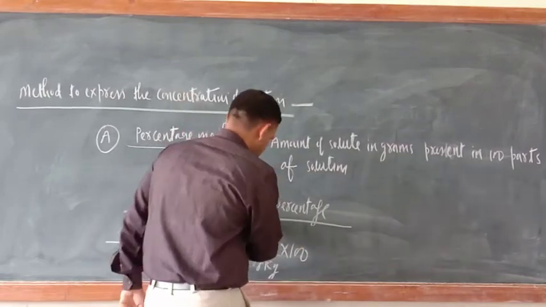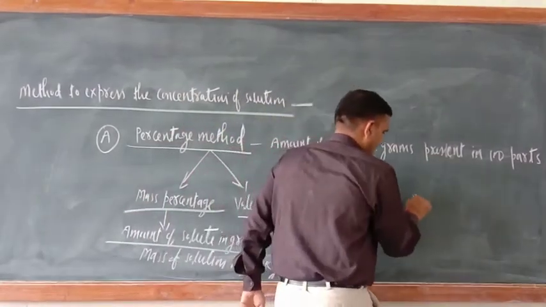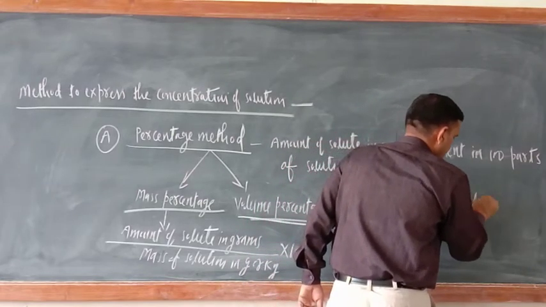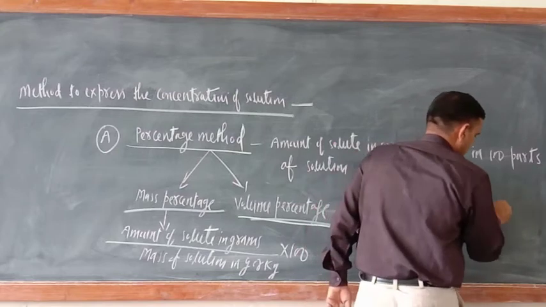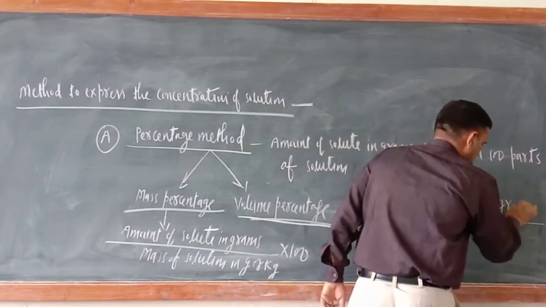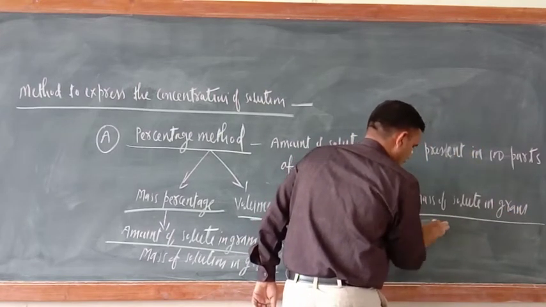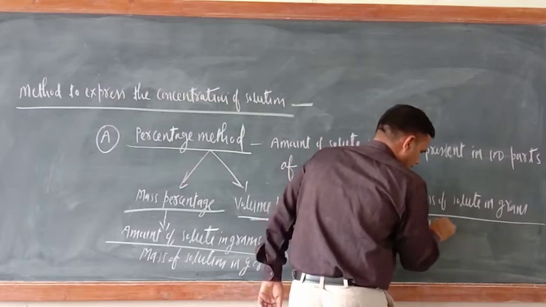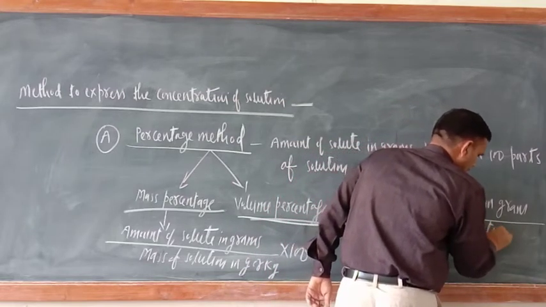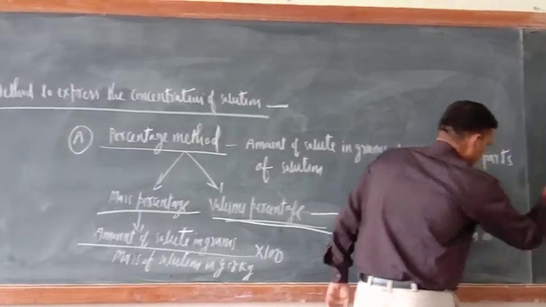And here in this case you will write mass of solute in gram divided by volume of solution in milliliter or liter.